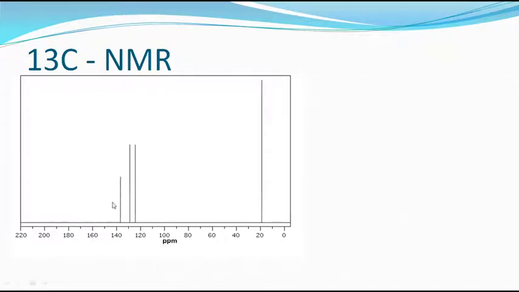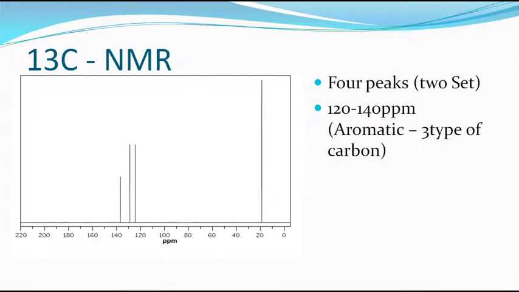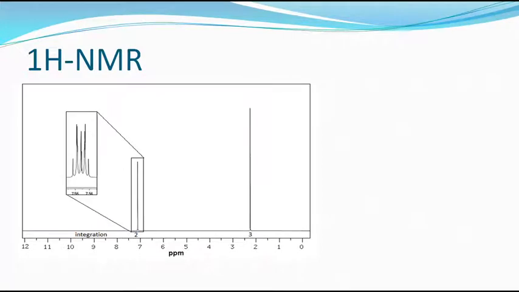This region in C13 NMR is the aromatic carbon region, so the aromatic carbons are split into 3 different kinds. This is the most useful information to solve this spectrum.